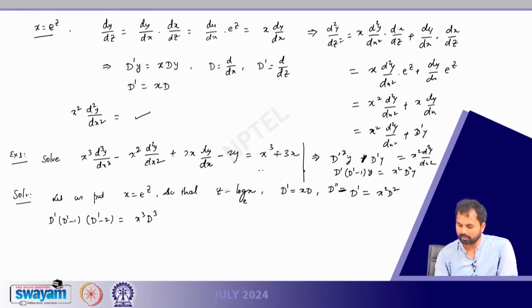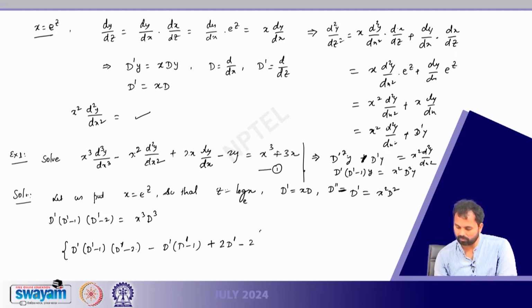So now we will put everything back into equation number 1. So this will reduce to, it will be a slightly bigger calculation, but I think we can still do it: D dash minus 2 minus x square, so this is D dash minus 1 plus 2 plus 2 D dash minus 2 of y is equal to e to the power 3z plus 3 e to the power z, right.